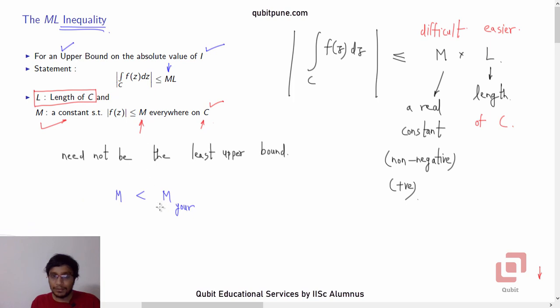So even if we succeed in finding a higher bound, the ML inequality will obviously get satisfied. So let us now see a problem and try to understand the ML inequality better.